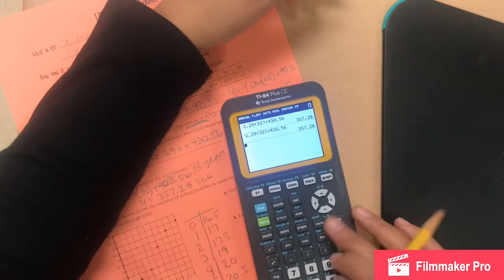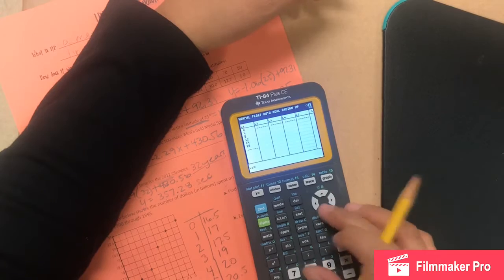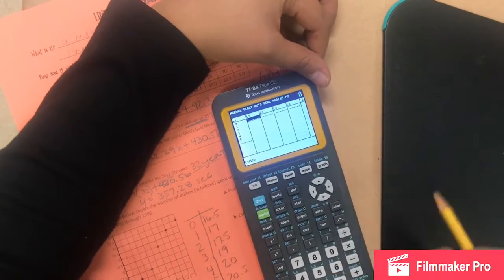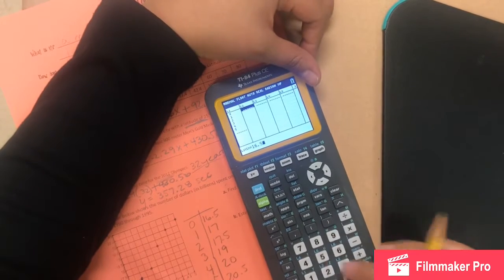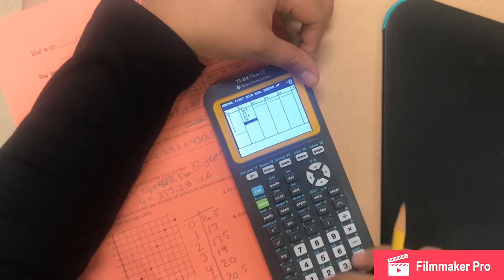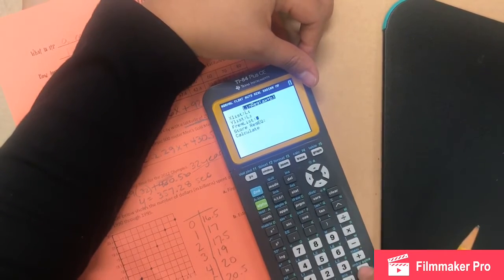So now that I have my points, we're going to type them into stat, clearing what's there. So 0, 1, 2, 3, 4, 5. And then my values are 16.5, 17, 17.5, 19, 20, and 20.5. Go to stat, over to calc number 4.